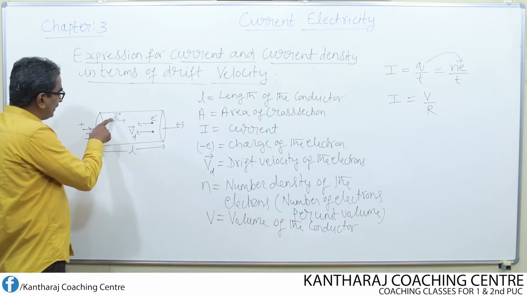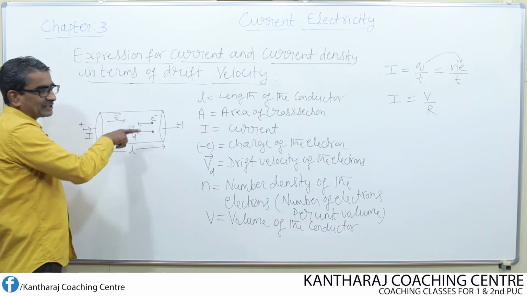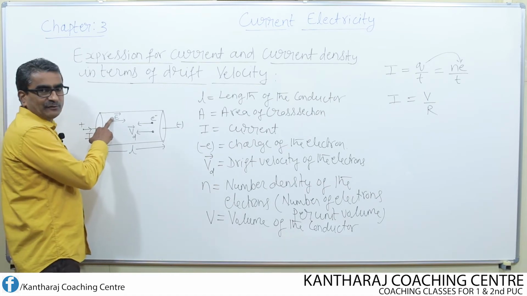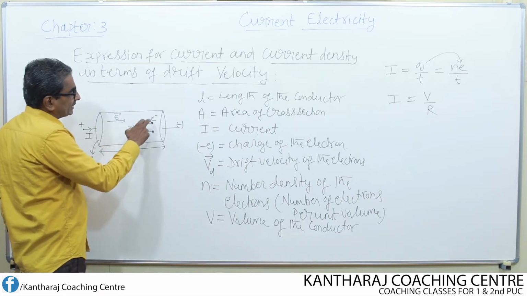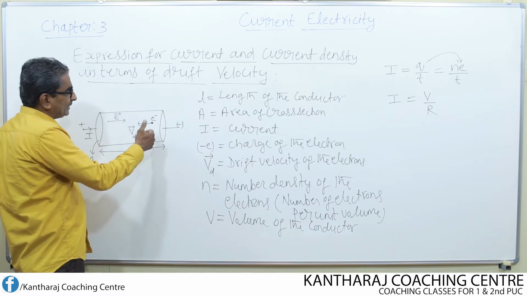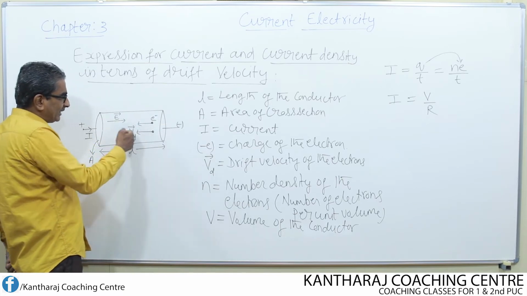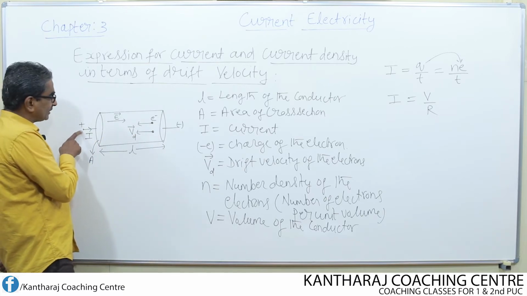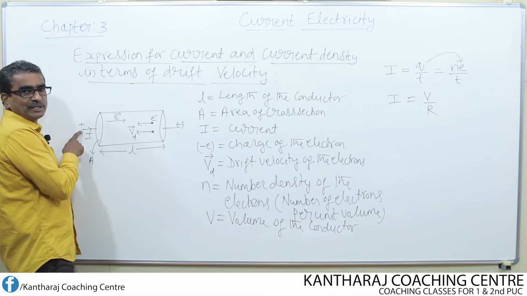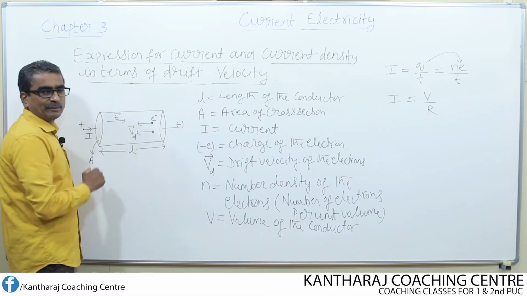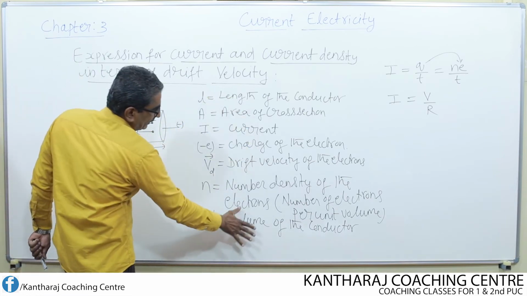E is the electric field, which is always along the direction of the current. As a result of this electric field, a force acts on the free electrons of the conductor. Due to this, the electron begins to accelerate towards the positive terminal or towards the point of higher potential. So this end is said to be at higher potential and this end is said to be at lower potential. So that is what we have written here.